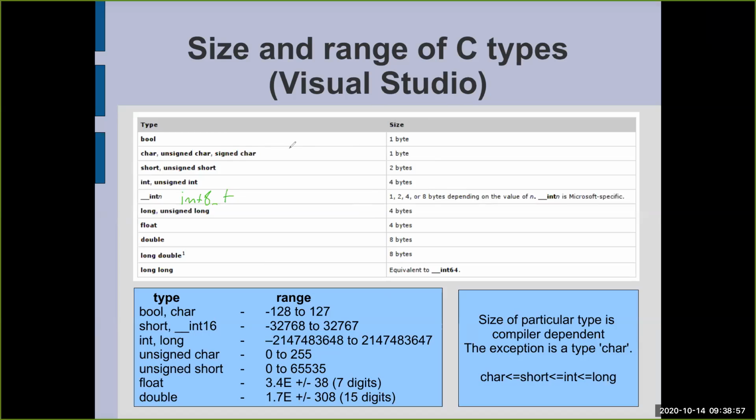So for example, char takes 1 byte. So 1 byte means 8 bits, so 8 digits. So using this type, I can represent any number which has 8 digits, but digits in the binary system. So the largest value is like this.